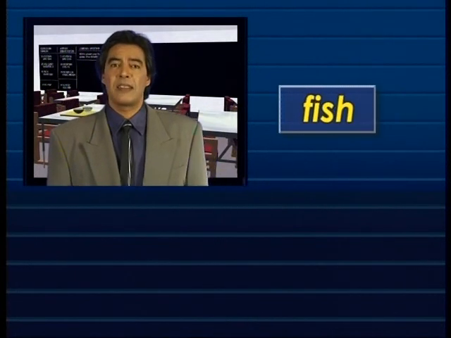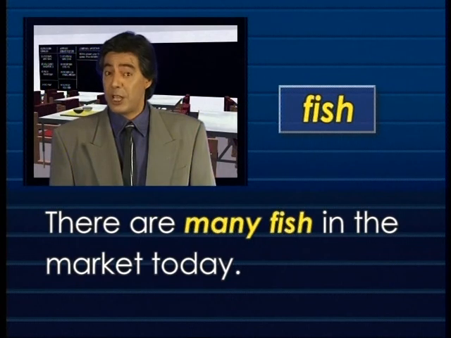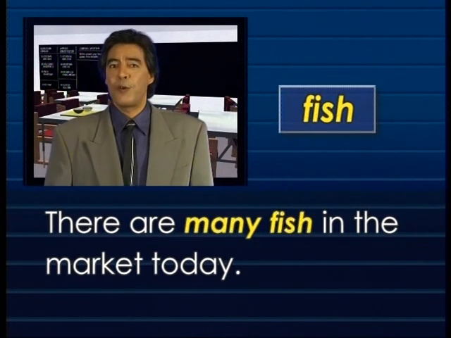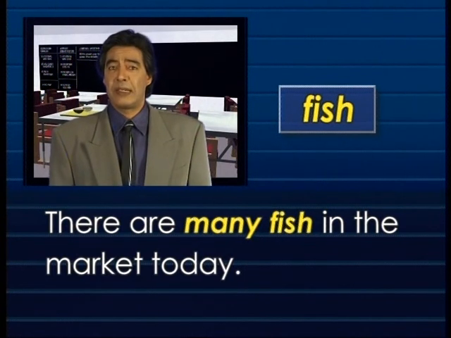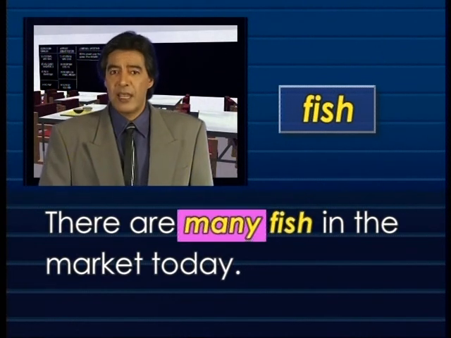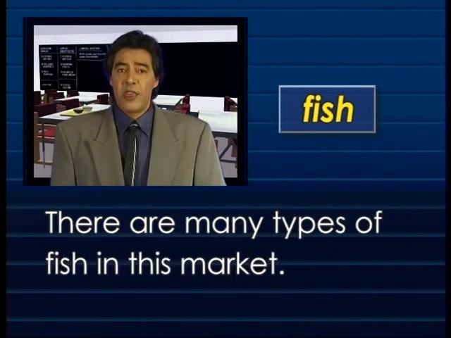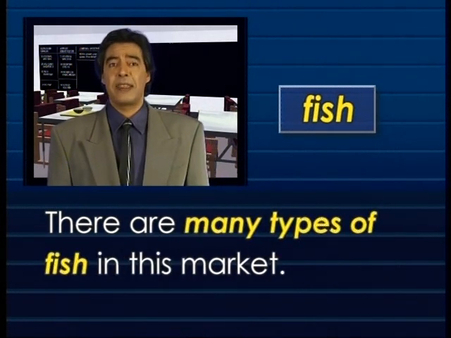Some words can be used as countable or uncountable nouns. Let's have a look at the noun fish used in this sentence. There are many fish in the market today. In this case, each individual fish is being referred to. The word many is used to quantify a countable noun. There are many types of fish in this market.